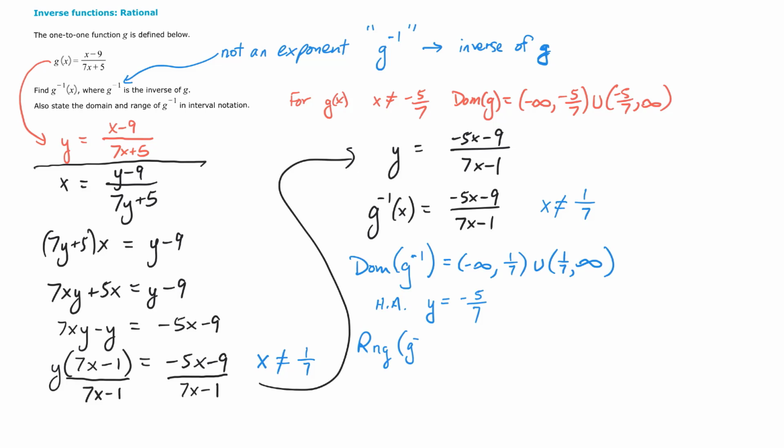The range of the inverse of g is equal to negative infinity up to negative 5/7 union negative 5/7 up to infinity. And notice these actually match.